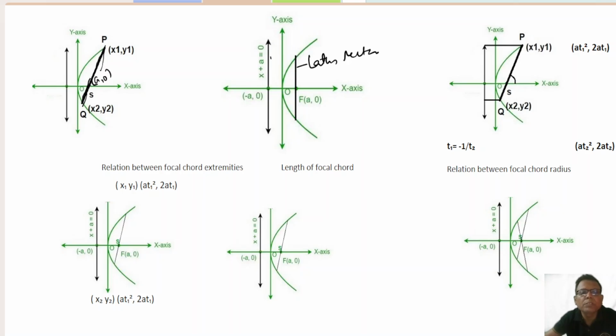We know this distance and this distance will be equal. If this distance is a and this is also a, then this distance will be 2a. So the length of the latus rectum will be 2a plus 2a, which is 4a. The length of the latus rectum will be 4a.